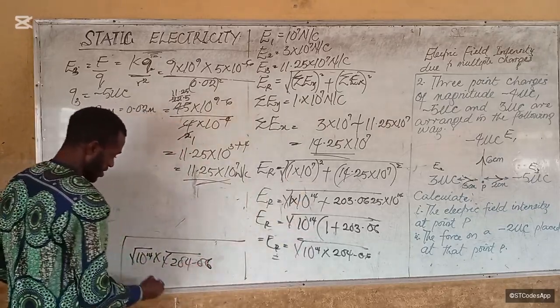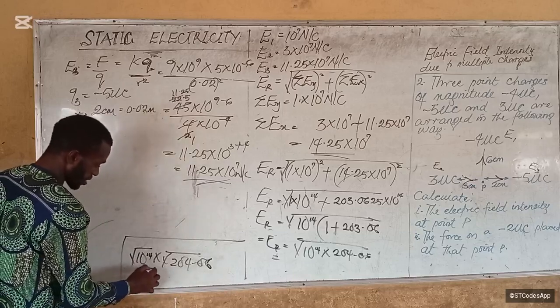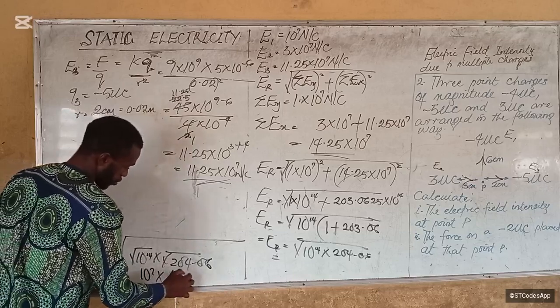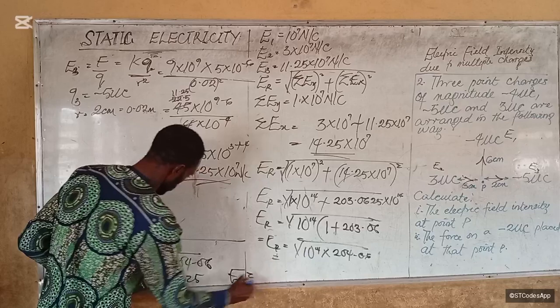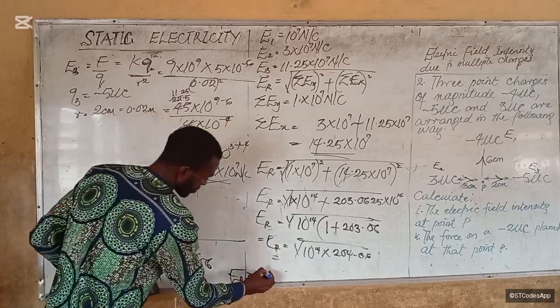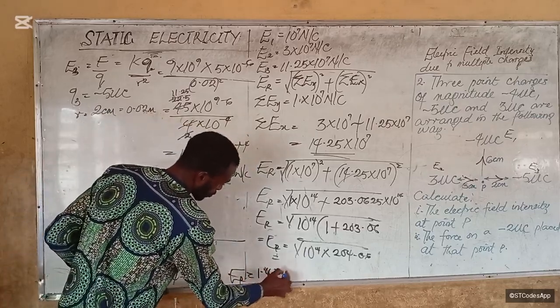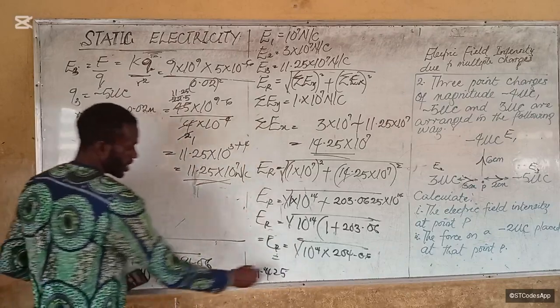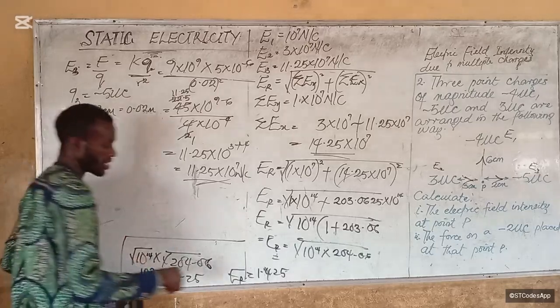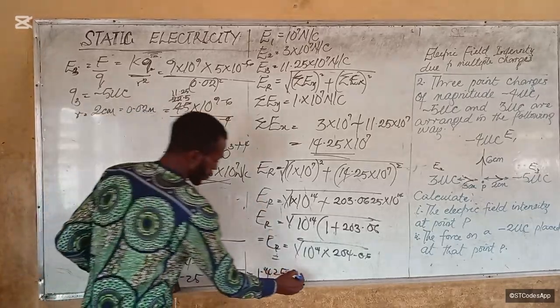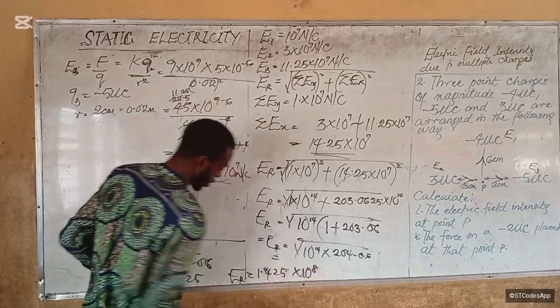So what we have is this will become 10 to the power 7 times 14.25. Right, so our E sub r will be equal to 1.425. I'm converting this to standard form. This will be times 10 to the power 1 times this will now be plus 7. 1 plus 7 rather. That will now be what? Times 10 to the power 8. Is that okay?